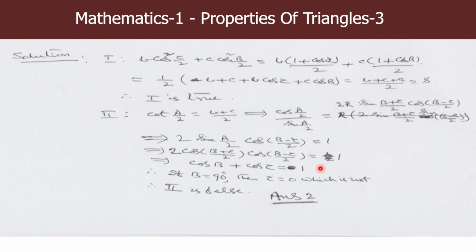Actually, in triangle ABC, cot (A/2) = (b + c)/a implies B = 90 degrees; that statement is false. So therefore, statement number 1 is true, statement number 2 is false. So the correct option is option number 2.